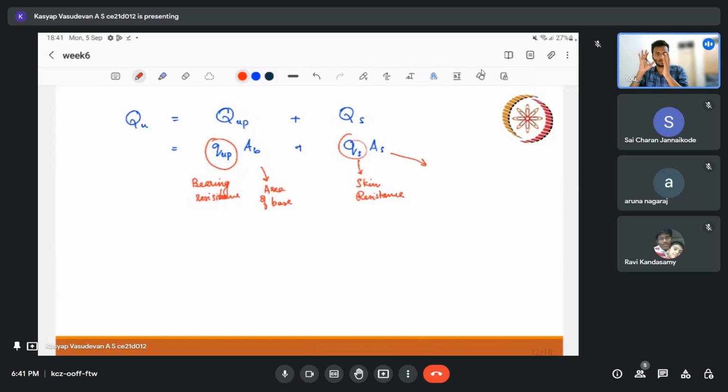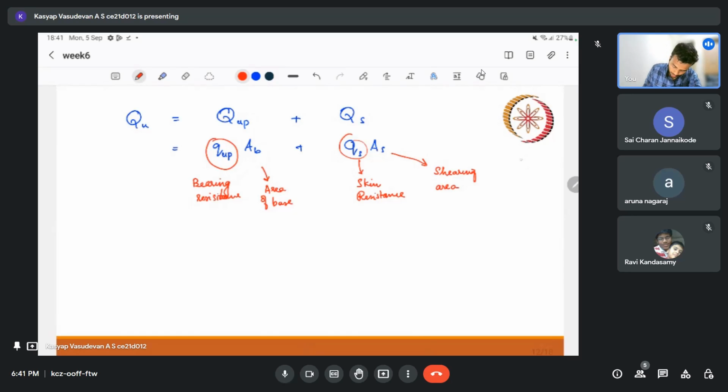If it is a cylindrical pile, we have the curved surface. That is the surface on which the skin friction is acting. So this is the shearing area, can I say? If I say shearing area, I hope you can understand.